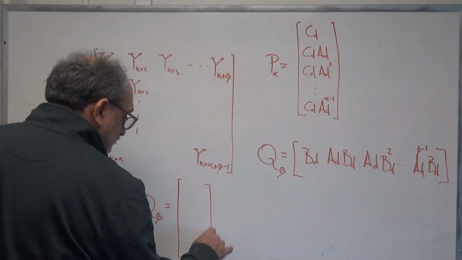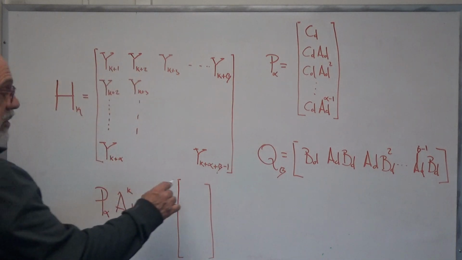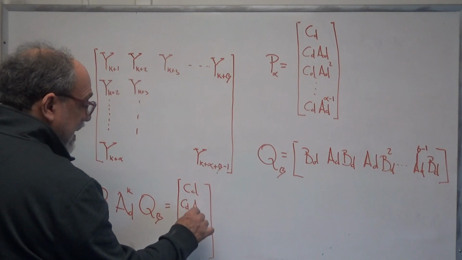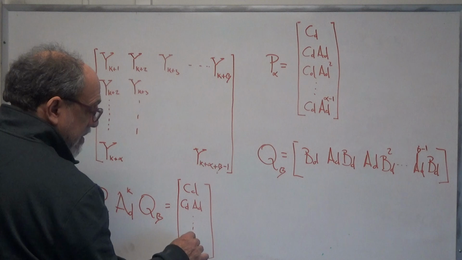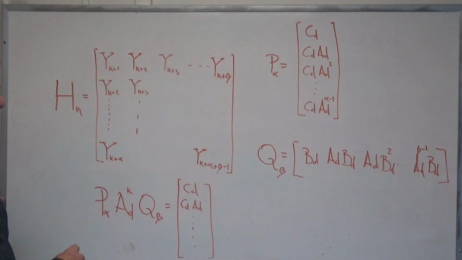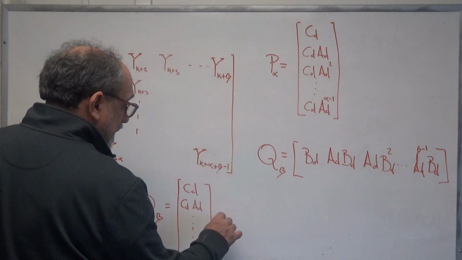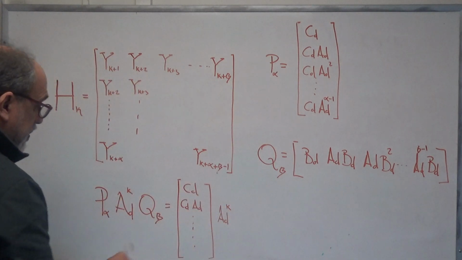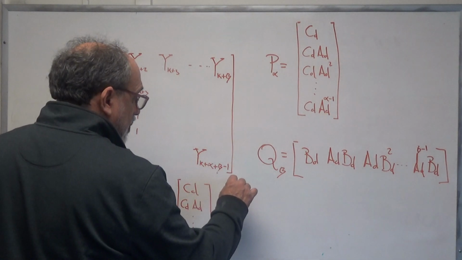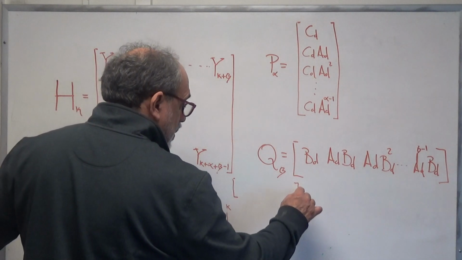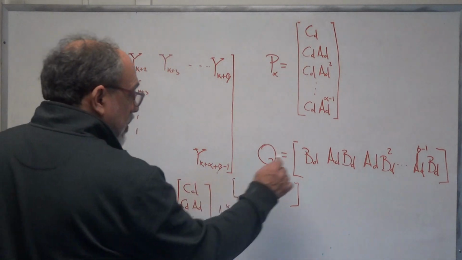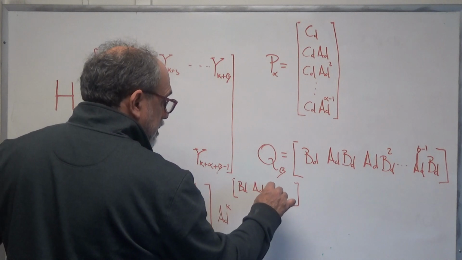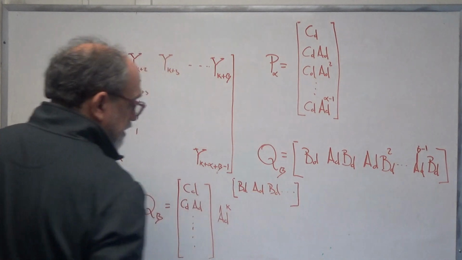First we have P alpha, which begins with CD, CD AD, etc. Then we have AD to the K in the middle, and then over here the controllability block Q beta, BD, AD BD, etc.